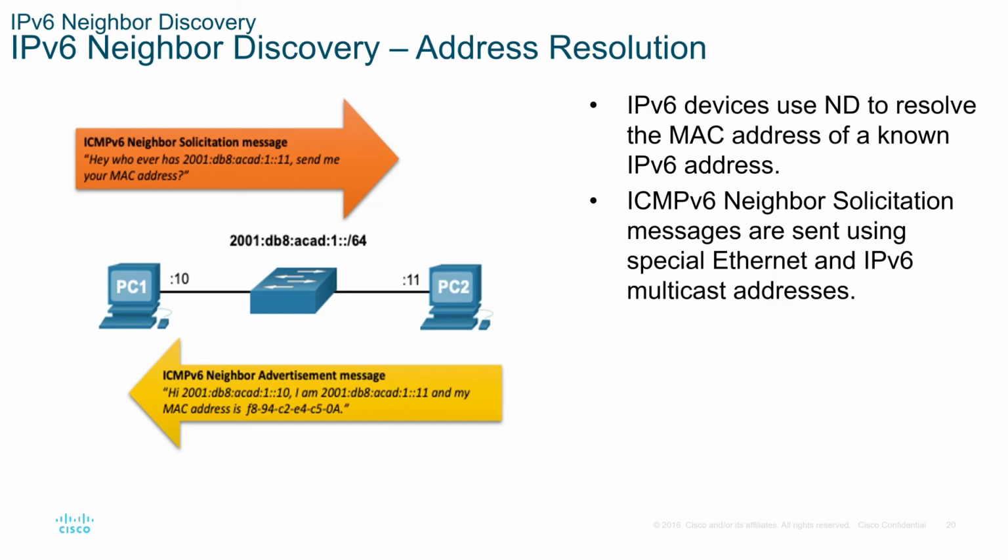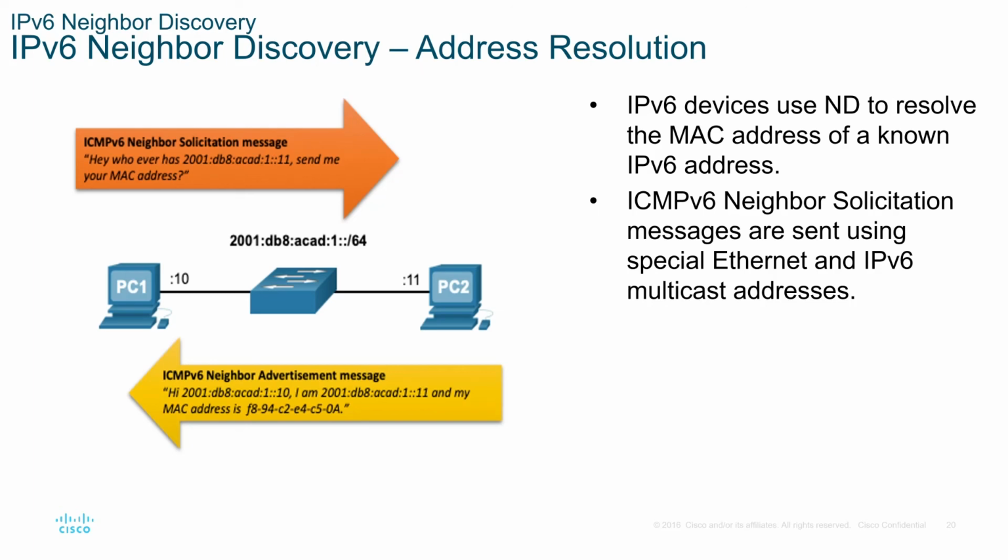The neighbor uses a neighbor advertisement message providing the IP address of the requester, its own IP address, and its own MAC address. So IPv6 devices use ND to resolve the MAC address of a known IPv6 address.